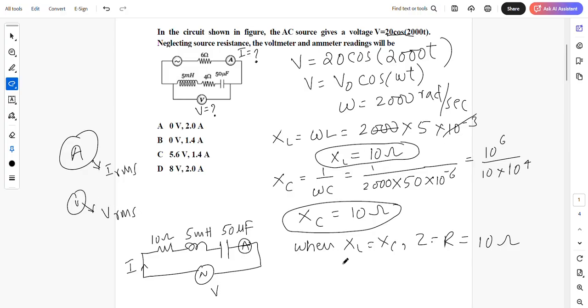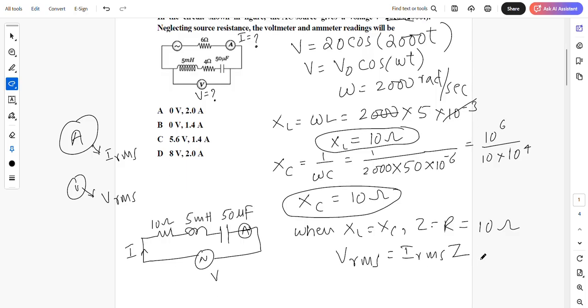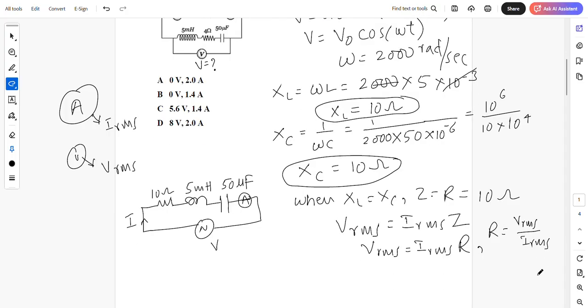Now we know that Vrms is equal to Irms into Z, where Z is equal to R. So Vrms is equal to Irms into R, that is R is equal to Vrms by Irms. But we know R. We have to calculate Irms. Irms is equal to Vrms by R.